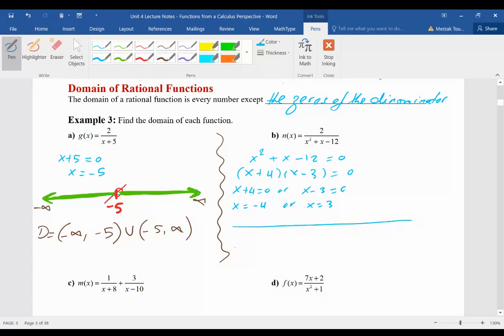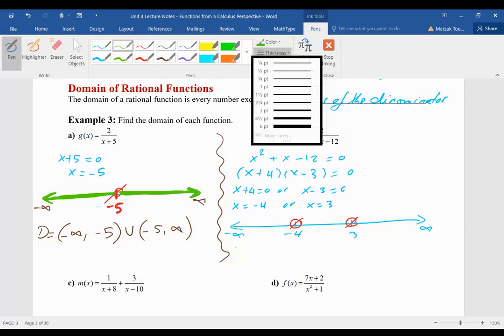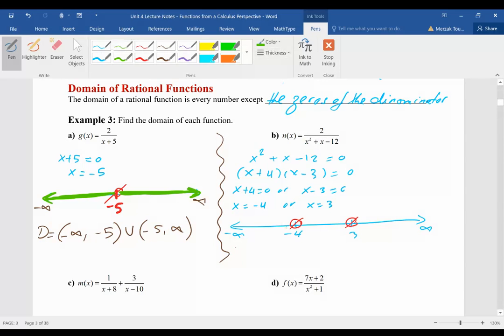So now if I draw a number line, it starts at -infinity, -4, 3, and extends to +infinity. We must exclude these two values from the domain, but everything else will be included: anything from -infinity to -4, anything between -4 and 3, anything greater than 3.